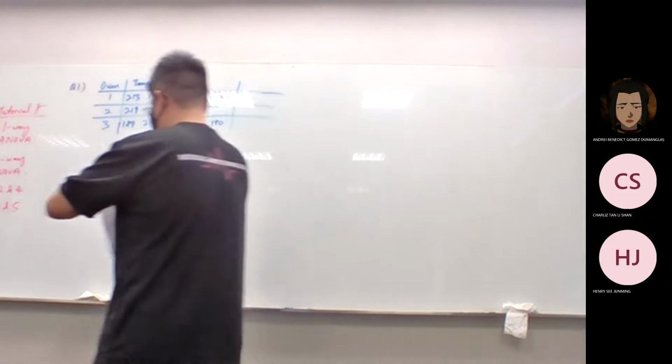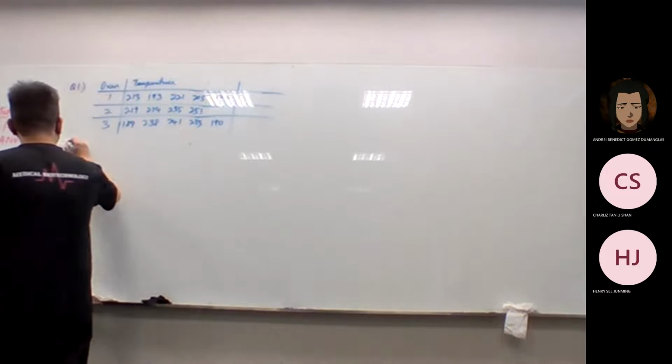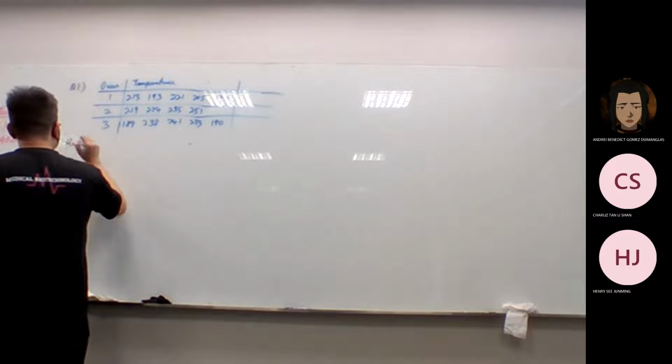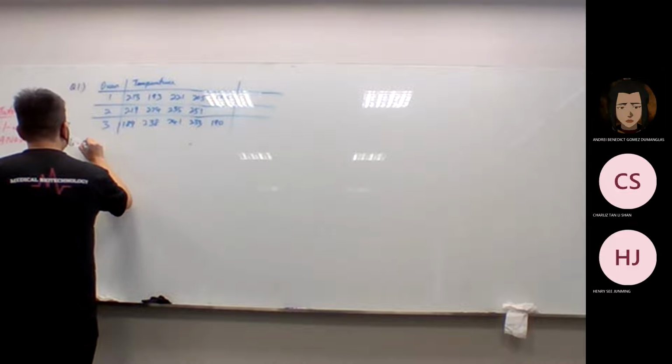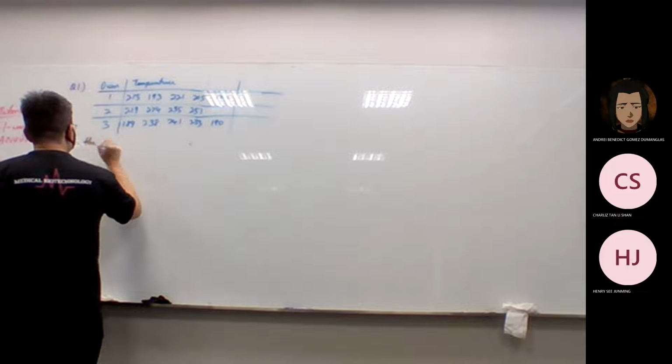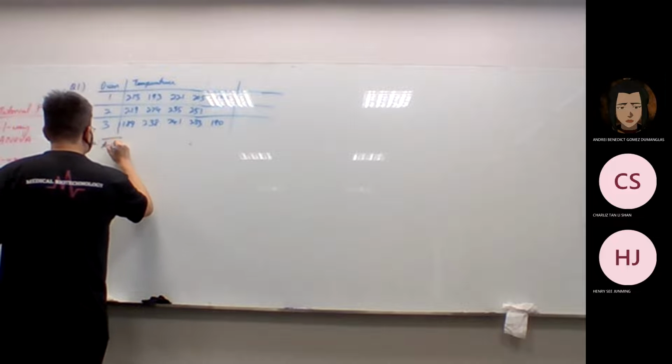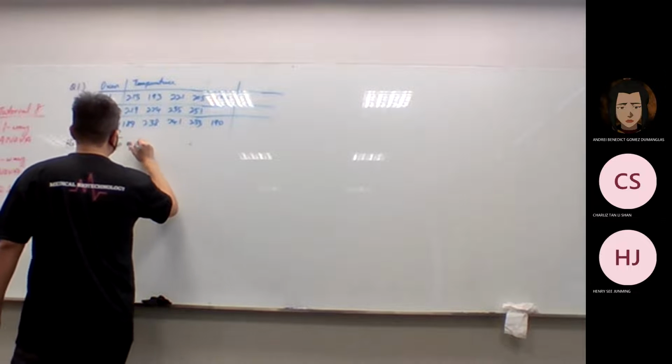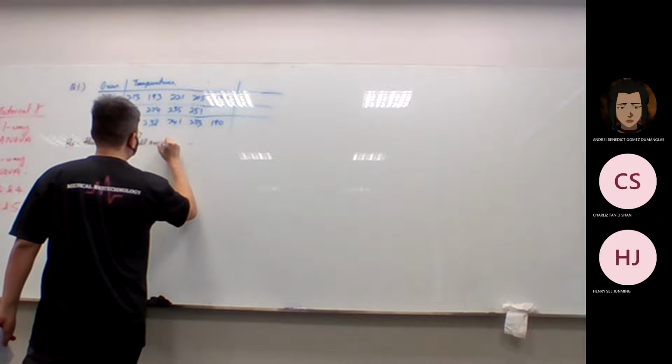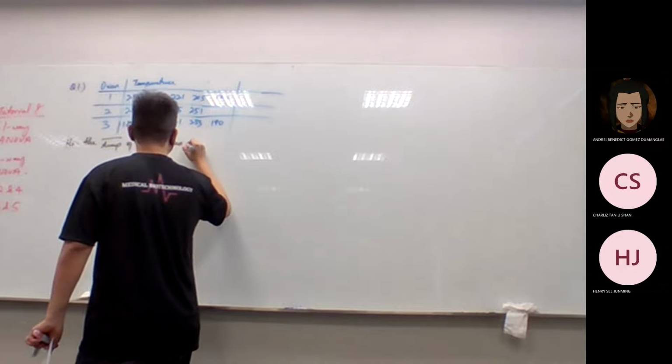So with that, the null hypothesis is that the average temperature of all ovens are equal.